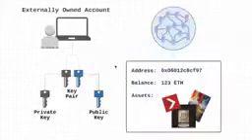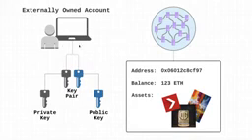All right, so now let's go ahead and take a closer look at this private key, public key. What's all this about? Whenever you have an externally owned account, that account is controlled by a key pair. A key pair consists of a private key and a public key.